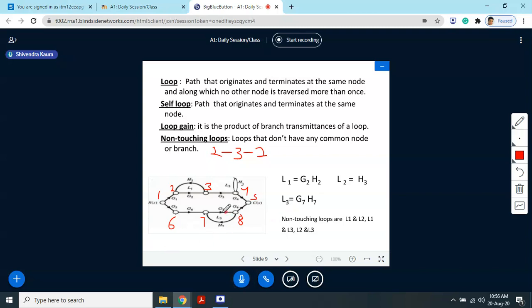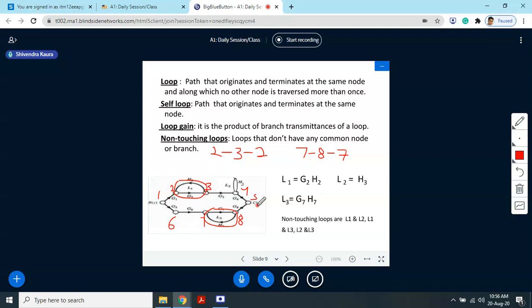Again, if I go from 7 to 8, and then reverse from 8 to 7, then it is also forming one closed loop. One loop is this, one loop is this. These are two closed loops.